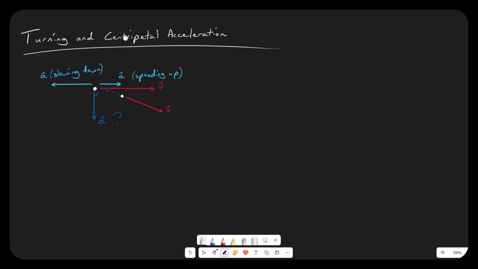Centripetal acceleration. Centripetal means toward the center. So if I have motion along a circle, if I am moving in this direction, so I'm moving clockwise, in order to stay on this path and not just keep going in a straight line, I need to apply an acceleration that is perpendicular to my velocity.